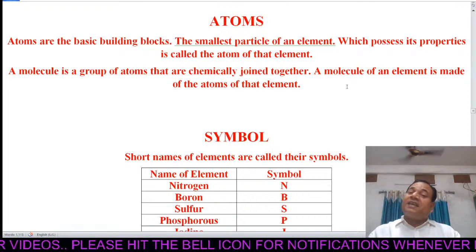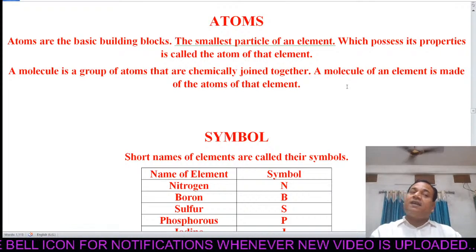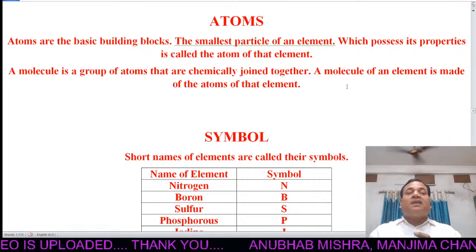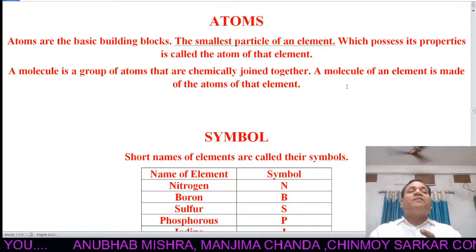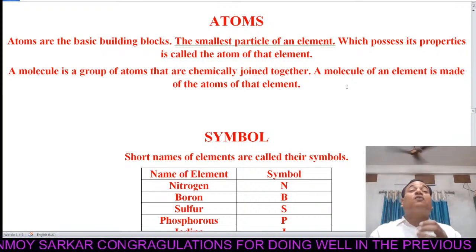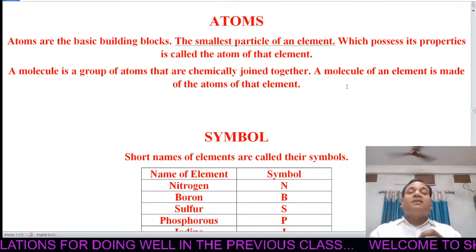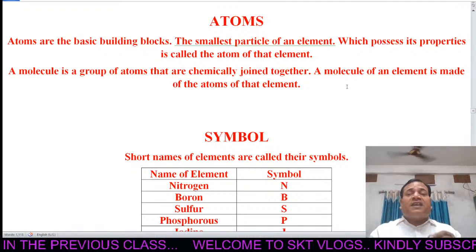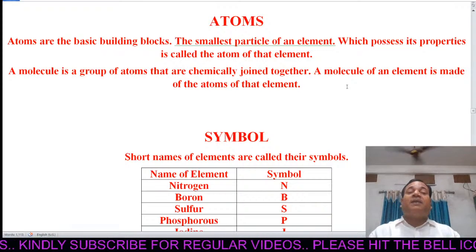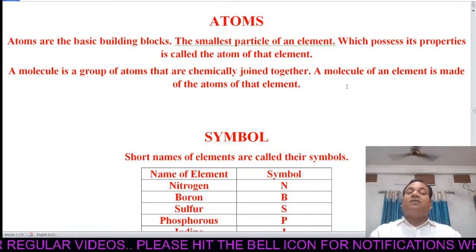So a molecule is a group of atoms, and a good number of atoms are combined together in a molecule. Understood? A molecule of an element is made of the atoms of that element.